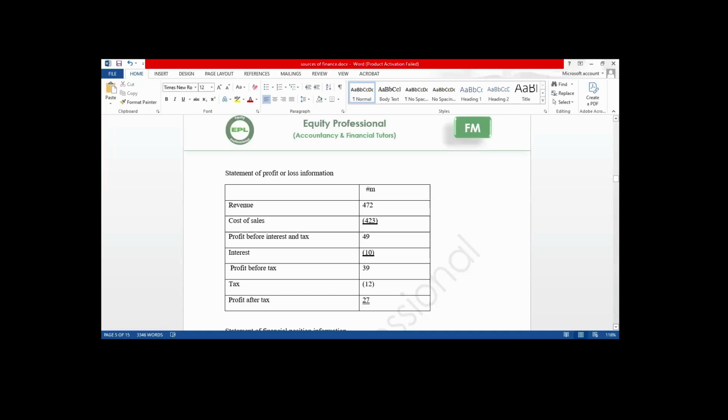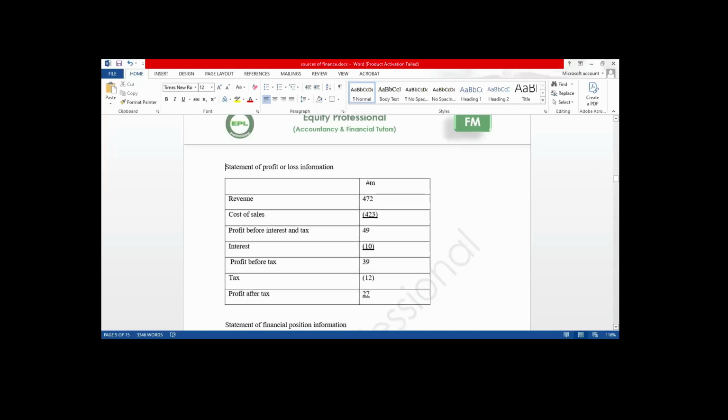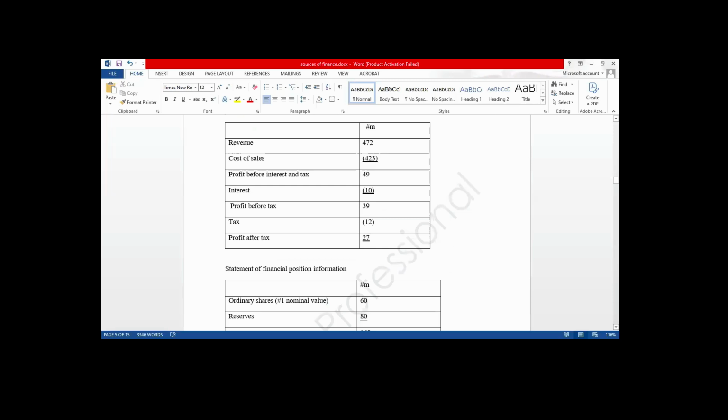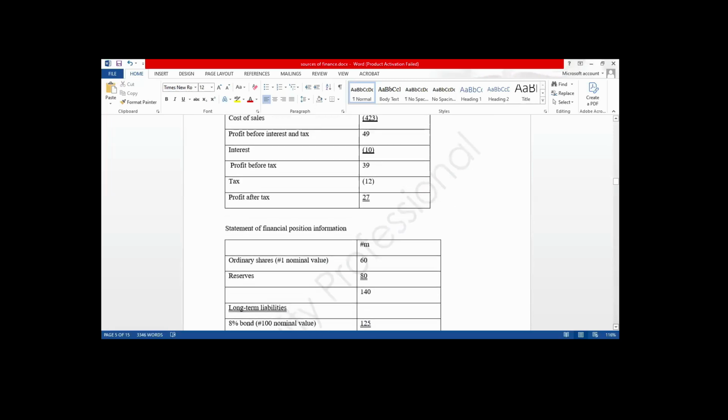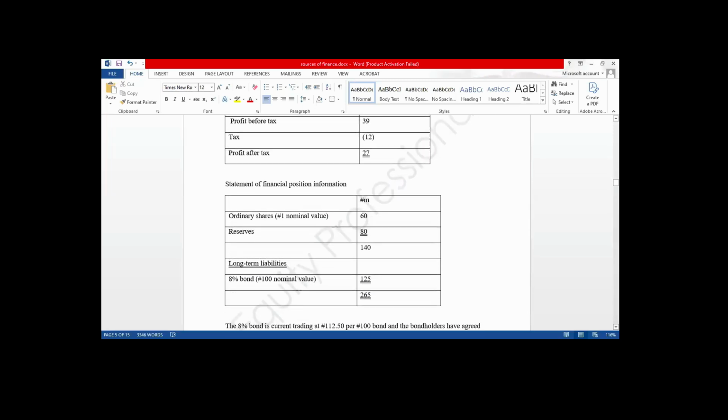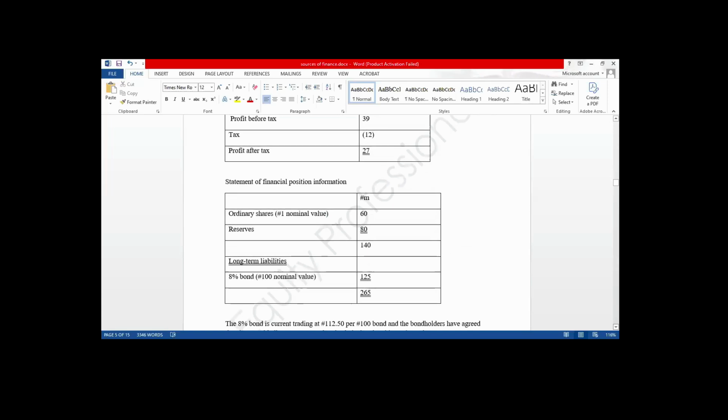You have the interest, profit before tax, your tax, and profit after tax. Statement of financial position. Ordinary share, ₦1 nominal value, total amount 60 million. The reserves, long-term liability, 8% bond, ₦100 nominal value, total amount 125 million.